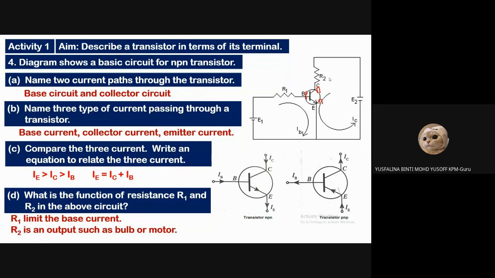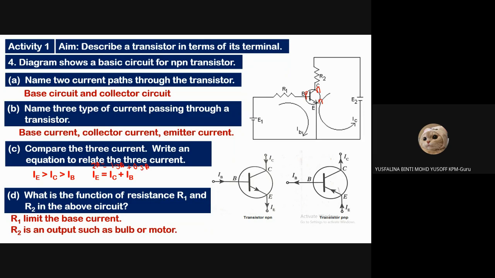Okay, then your IE is equal to IC plus IB. That, of course. Okay, let's say I give the IE 2 ampere, the currents. Let's say IE is 2 ampere, and then your IC, let's say, is 1.5 ampere, plus, let's say, the current at base IB is 0.5 ampere.